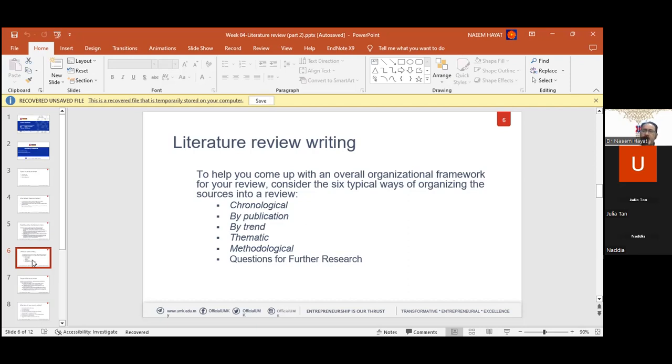Another type of writing is trend. How the schools of thought have emerged in the literature of a certain topic, what these trends are, and what thoughts we developed and evolved in the trends towards the topic.